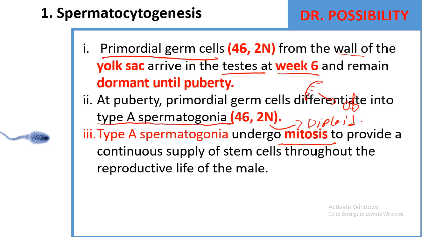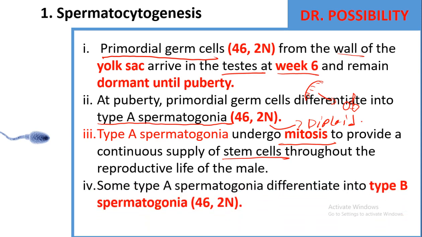They just undergo mitosis every time. Once a primordial germ cell changes into type A spermatogonia, it keeps undergoing mitosis and providing the what? The stem cells. And these cells are the ones that help the process of the formation of the sperm.